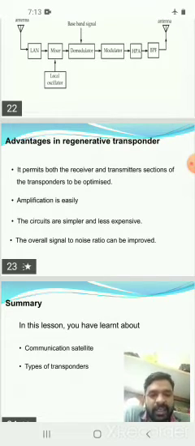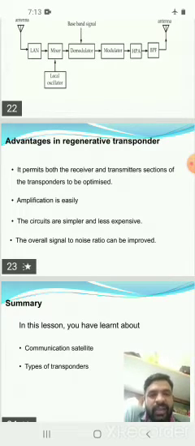The cost is less compared to single conversion and double conversion, and the overall signal to noise ratio can be improved. So in regenerative transponders the signal to noise ratio is improved. It means signal quality is improved, and noise can be eliminated by the regenerative transponder.